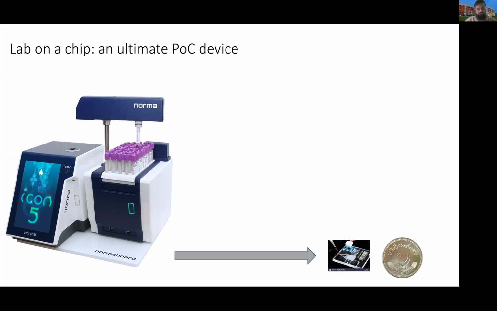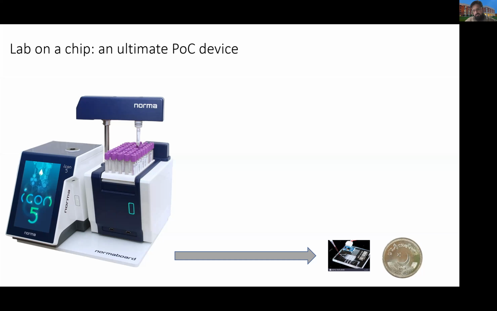I'm just comparing here the standard equipment which is used for blood counting in today's labs. You insert your bottles of blood in it, and it will do the analysis and give you the results.